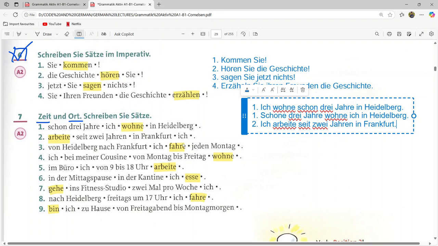Also, we can make the sentence like this: Seit 2 Jahren. Then the verb, arbeite ich in Frankfurt. Okay, no problem. The next one, third one.